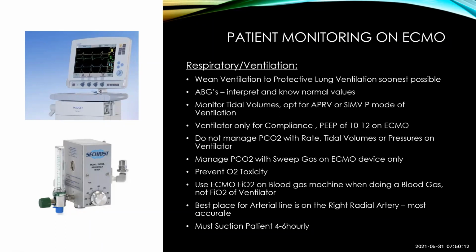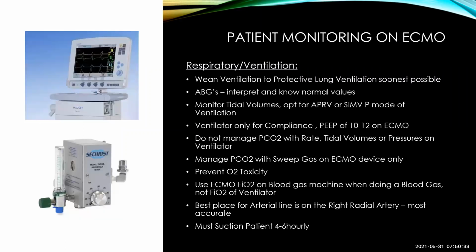So if we go onto ECMO, we normally go on with a sweep gas of 1:1. So 1:1 would be your gas flow equal to your blood flow. So if you worked out that your patient's cardiac output is 5, then we normally start on 5 on the sweep gas.